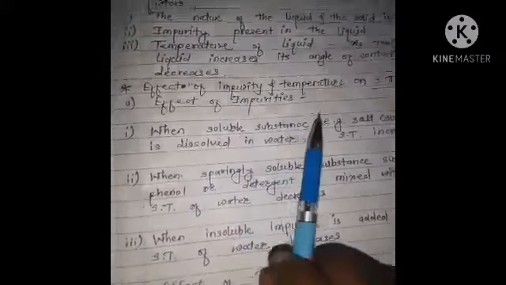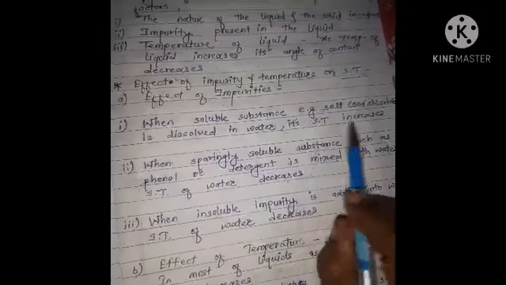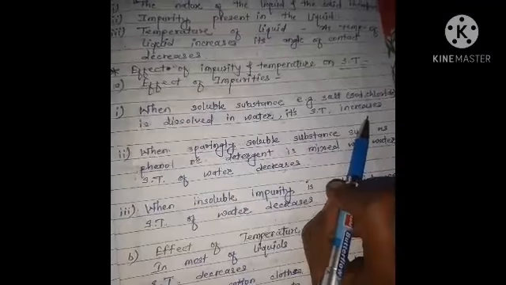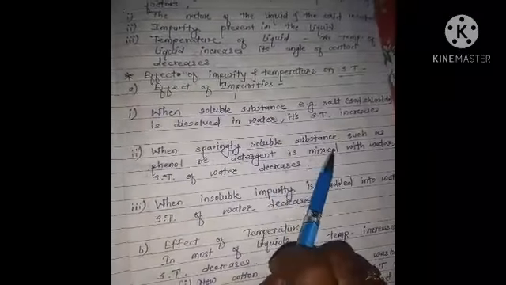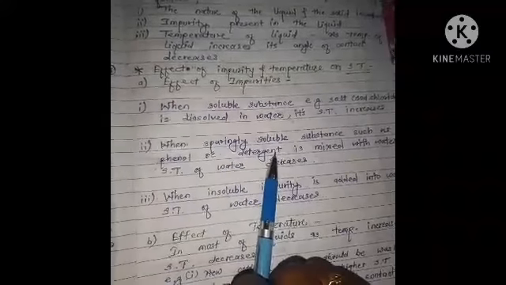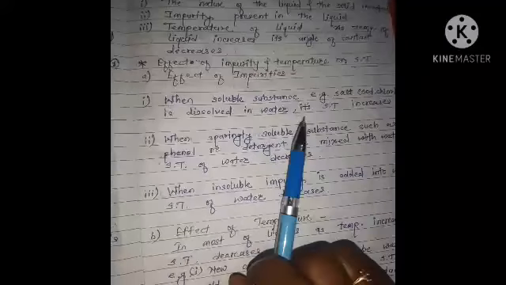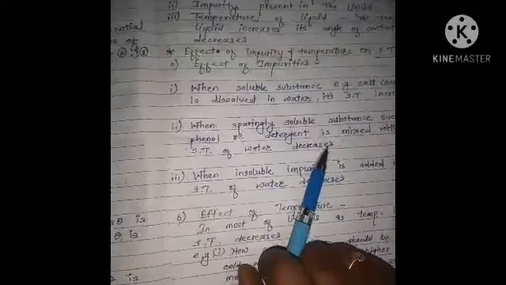When soluble substances are added in water, its surface tension increases. And when sparingly soluble substances such as phenol or detergent are mixed with water, the surface tension of water decreases.